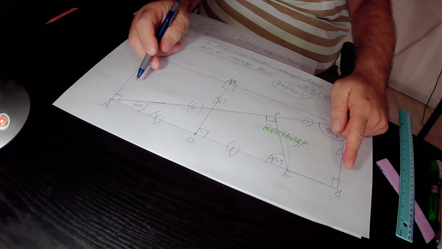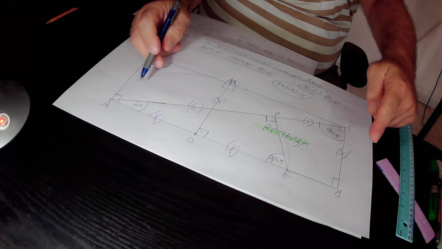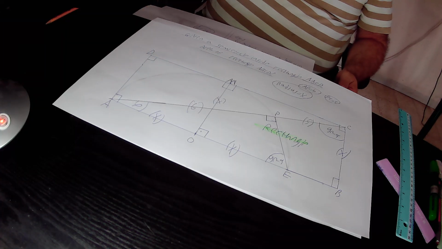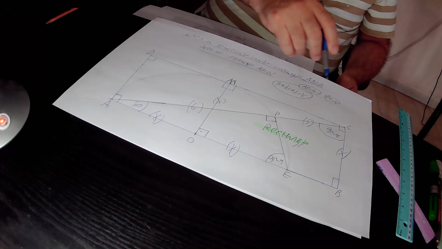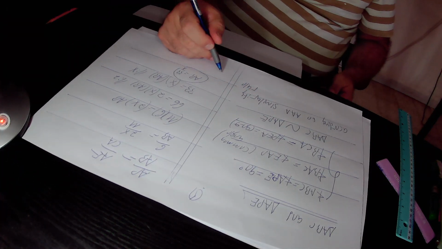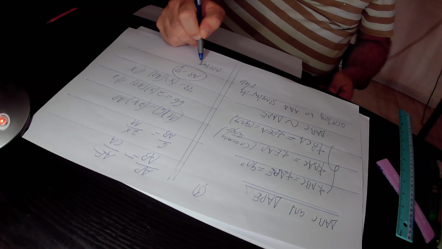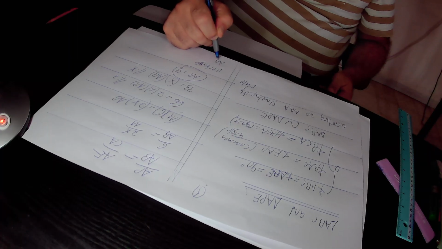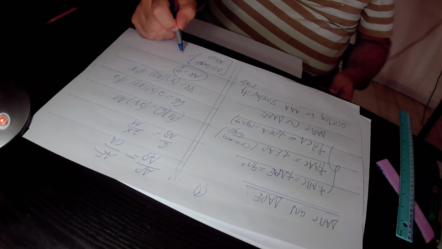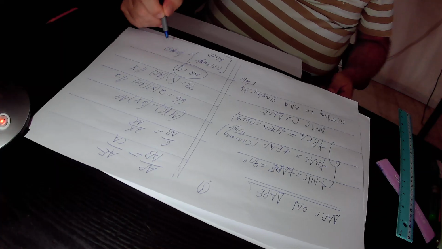AB is actually the length of this rectangle ABCD, while BC is the width. Our mission is to find out the area of this rectangle ABCD. So what is the area of rectangle ABCD? Actually, we know that the area of any rectangle is equal to the length of the rectangle times the width.